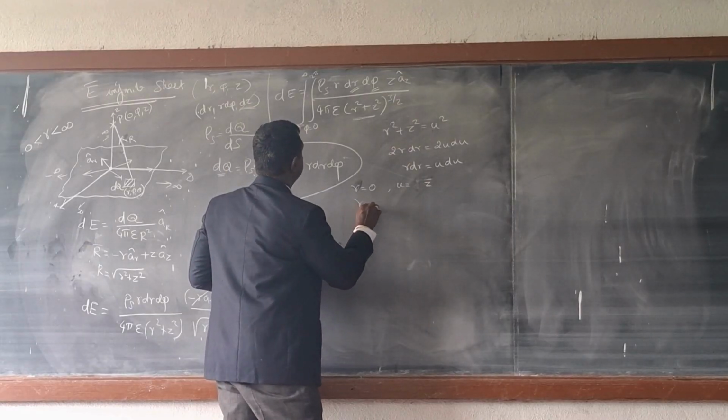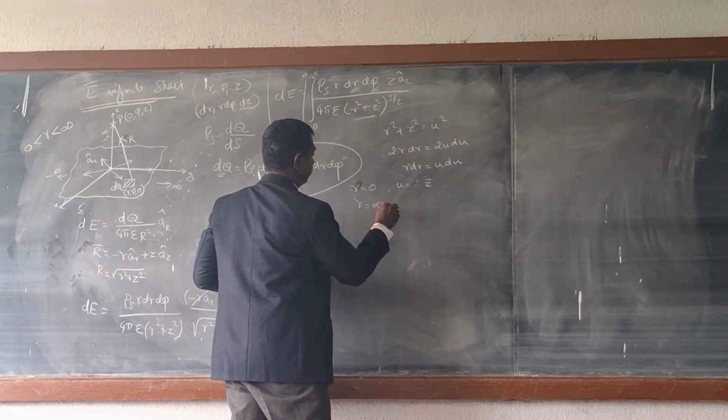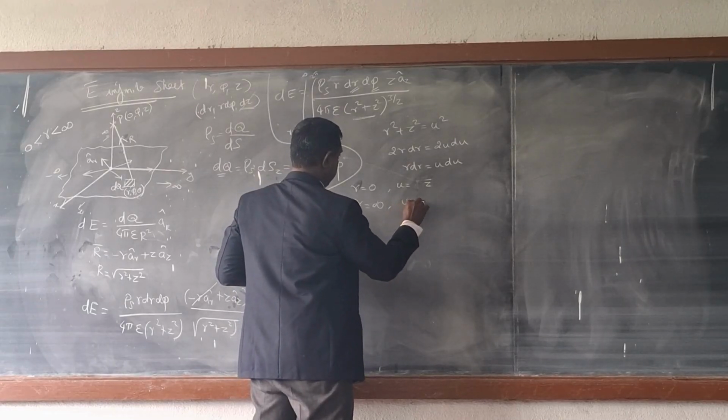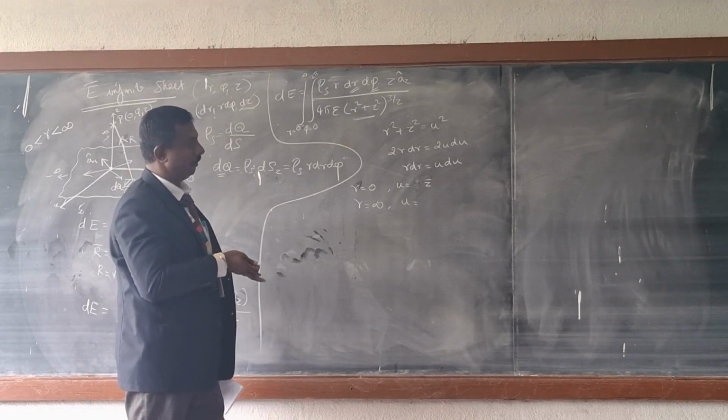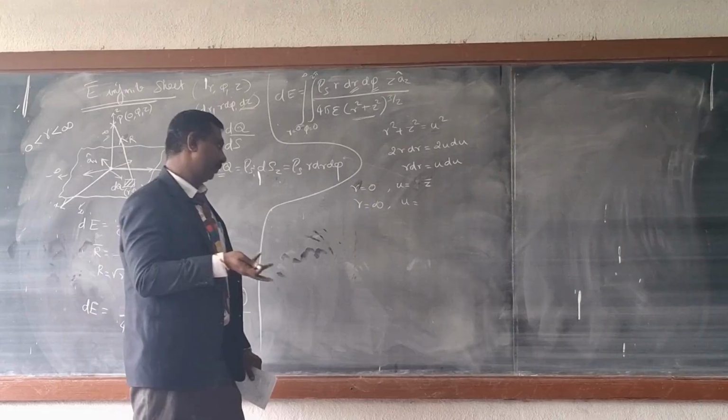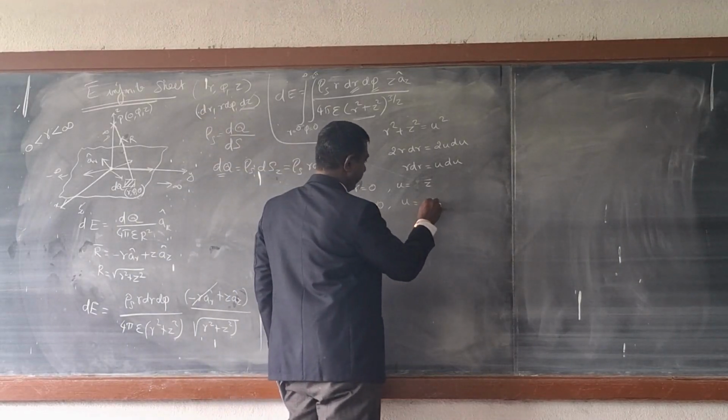When R is equal to infinity, infinity plus Z square is infinity. Infinity, you take root, this is also again infinity.